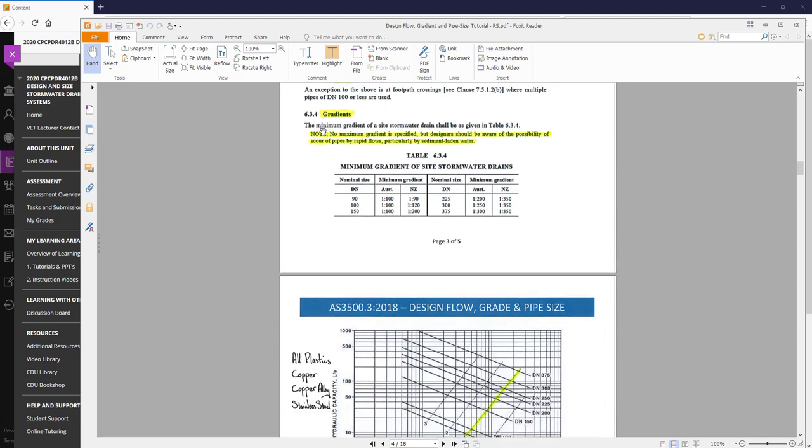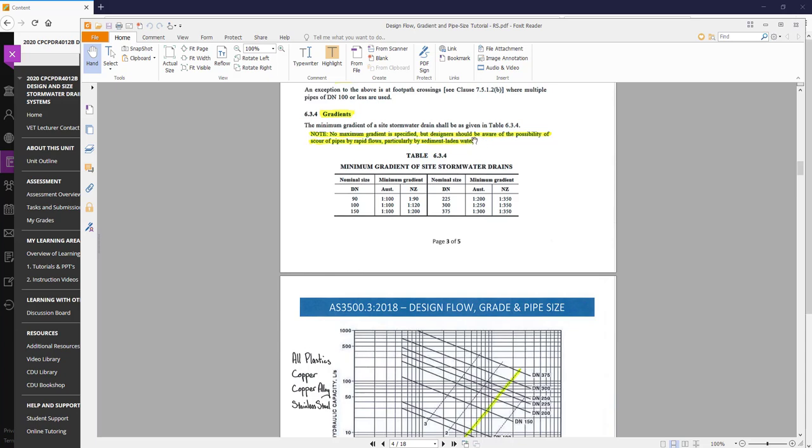Now, gradients. The minimum gradient of any site stormwater drain shall be given in Table 6.3.4. So note, no maximum gradient is specified, but designers should be aware of the possibility of scouring of pipes by rapid flows, particularly by sediment-laden water.